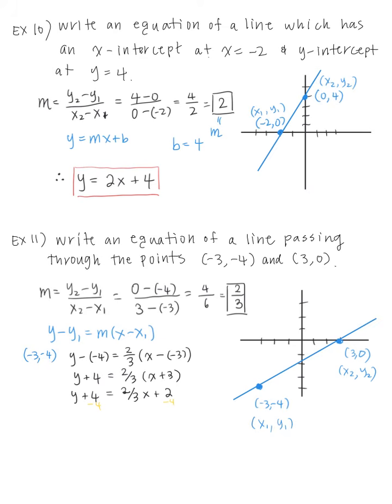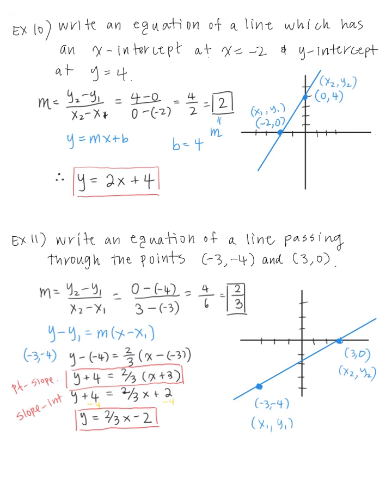Then you're going to have y equals 2/3 x minus 2. So this is in slope-intercept form, and this is in point-slope form. All right, now we're done with the problem.